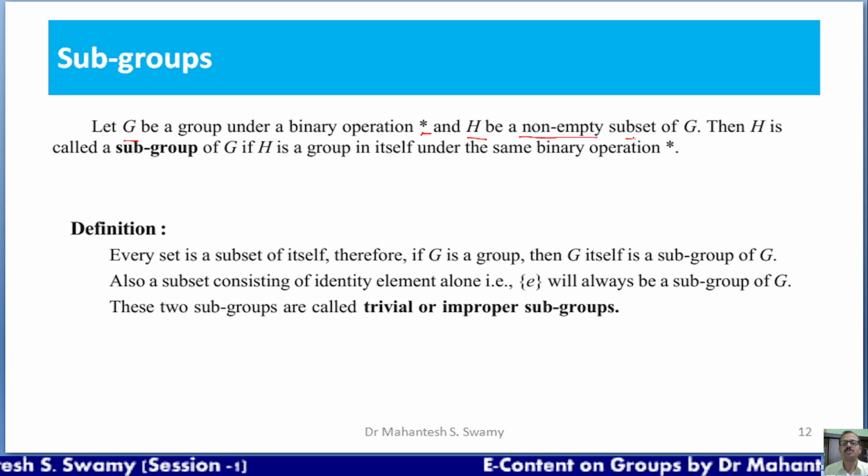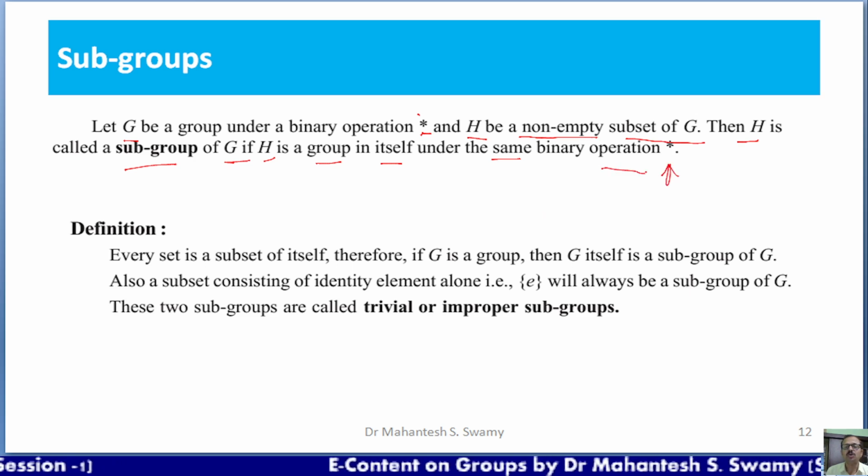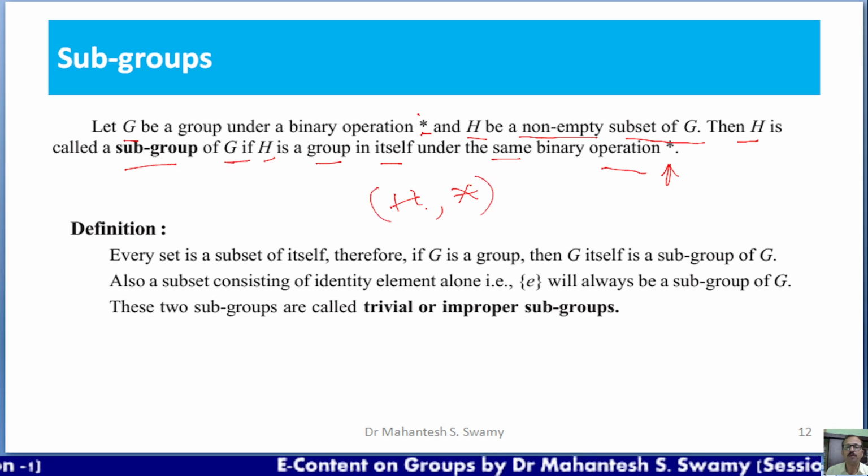So a non-empty subset of G. Then H is called a subgroup of G if H is a group in itself under the same binary operation star. So (H, star) should be a group by itself.